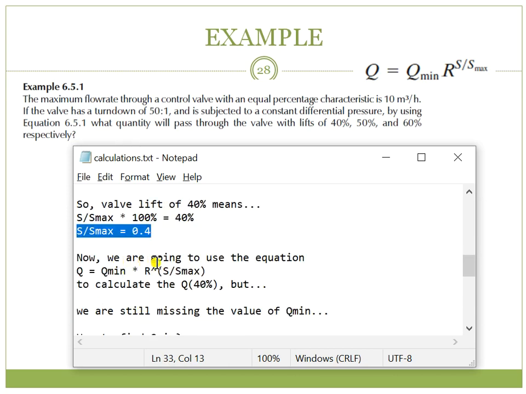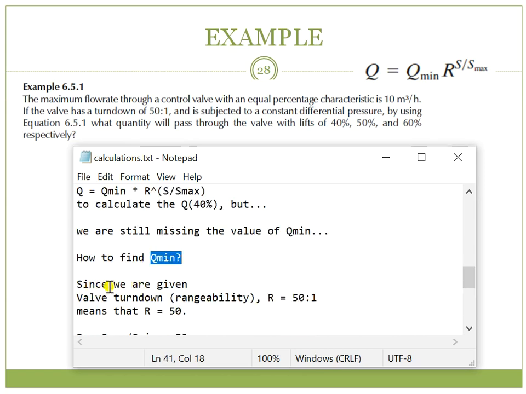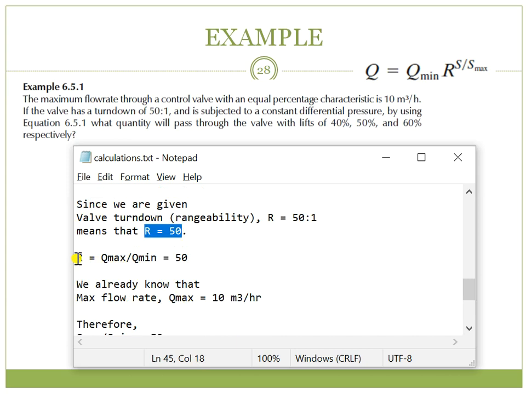Now we are going to use this equation to calculate the value of Q. But we are still missing the value of Q min. In this equation we need Q min. So how to find Q min? Since we are given the valve turn down rangeability R equals to 50:1, meaning that R, which is the ratio Q max over Q min, is 50.